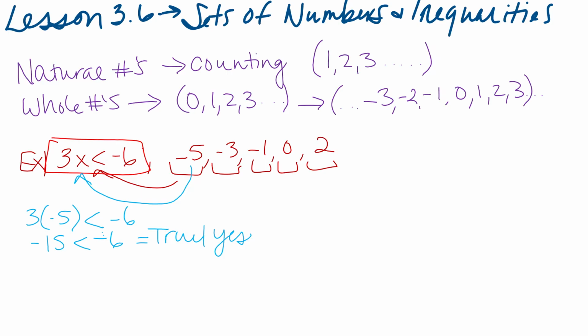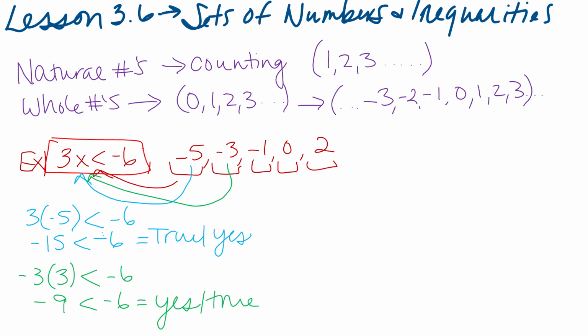All right, now the second thing we're going to do is take the -3, and we're going to put it in for x as well. We're going to do -3 times 3 is less than -6. And I have -9 is less than -6. Is this true? Yes, it is. -9 is less than -6. It's true.